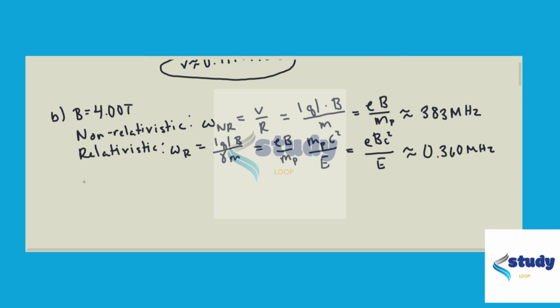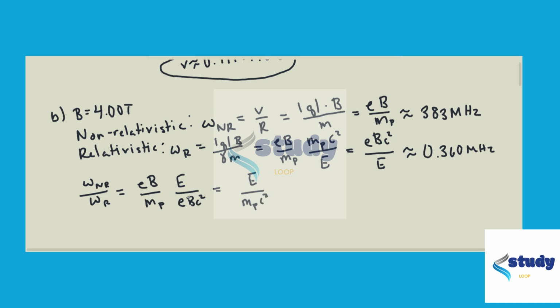So then comparing the two of them, you can either plug in directly or you can simplify a little bit. So we know that omega non-relativistic was eB over proton mass, whereas omega relativistic was eBc squared over E, the energy. So if you simplify this, you get E over m_p c squared.